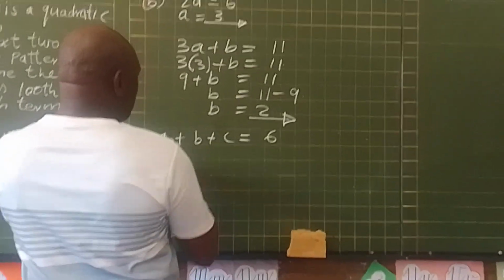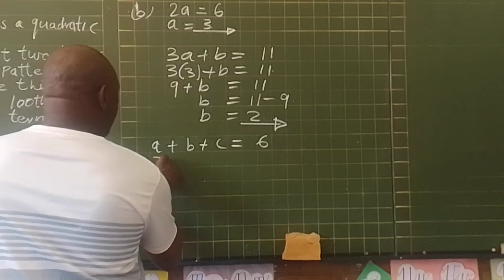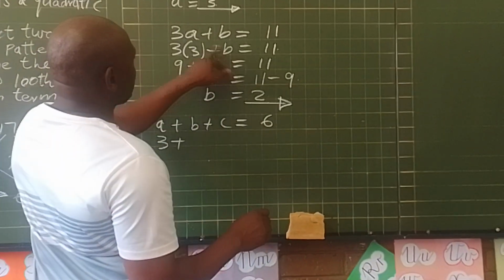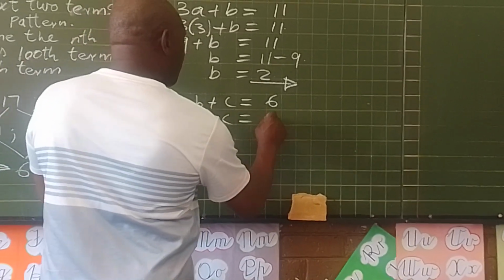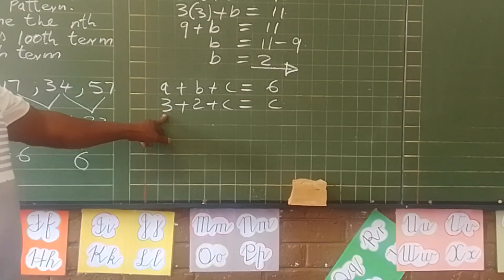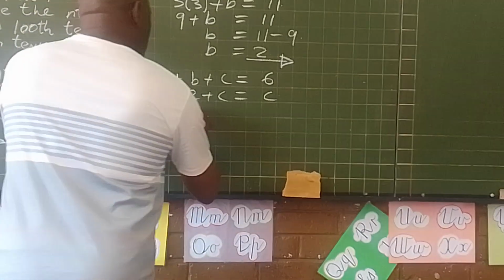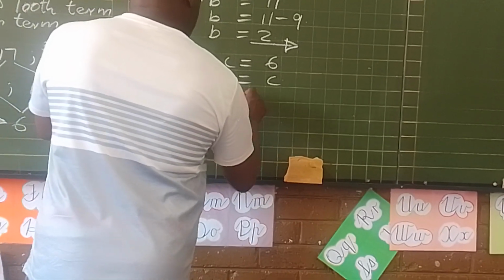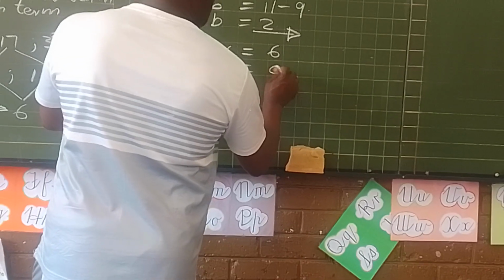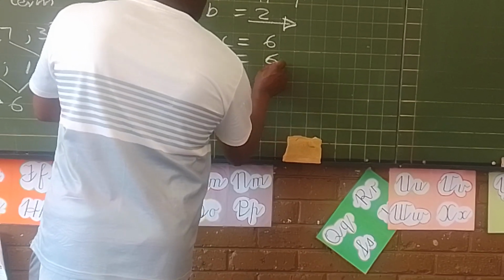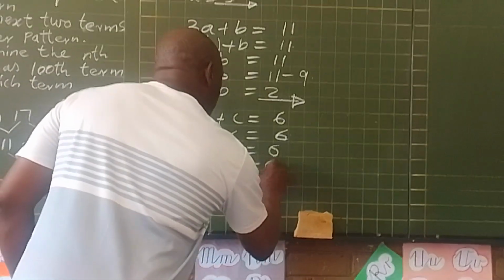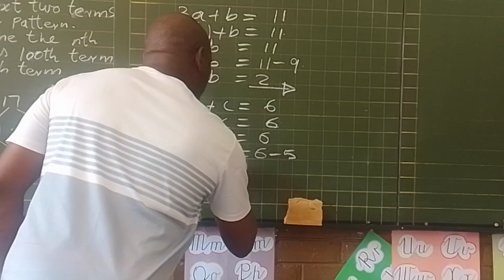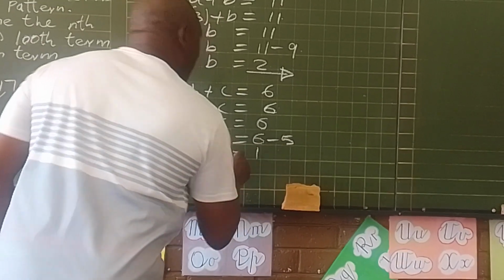Your a is 3, your b is 2, then you can find your c. 3 plus 2 is 5. 5 plus c is equal to 6. Therefore, c is equal to 6 minus 5, which is 1.